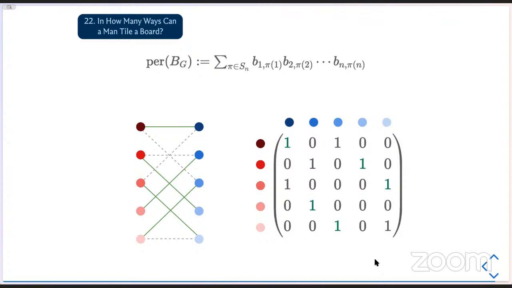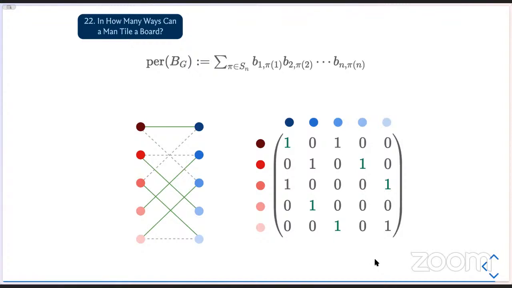So it's essentially one fixed point, and maybe one long cycle on top of that. Anyway, this is a permutation that naturally corresponds to this matching. And when your sum is looping over all permutations and it hits this one in particular, this particular permutation is going to contribute a +1.